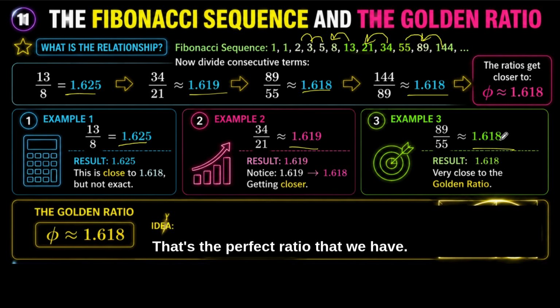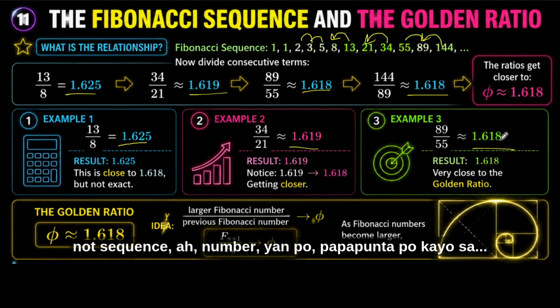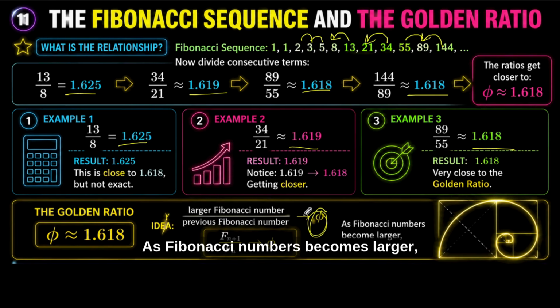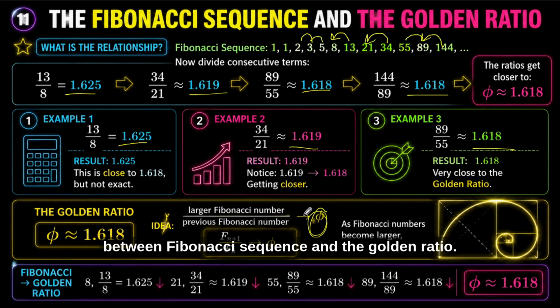That's the perfect ratio that we have. So, larger Fibonacci number divided by previous Fibonacci number, mapapunta po kayo sa golden ratio. As Fibonacci numbers become larger, makakuha nyo po yung 1.618. Okay? So, I hope you get the relationship between Fibonacci sequence and the golden ratio.